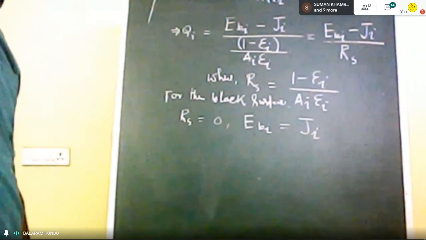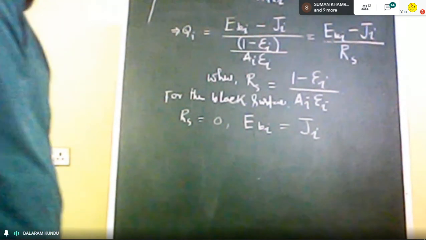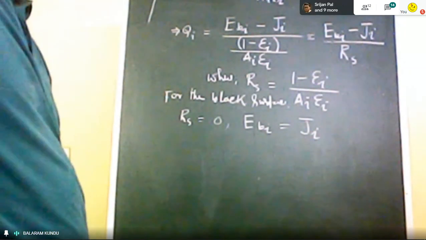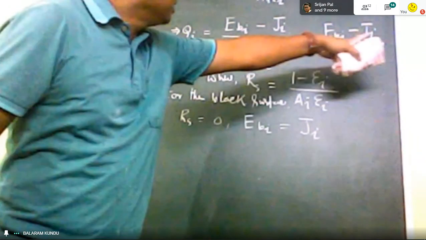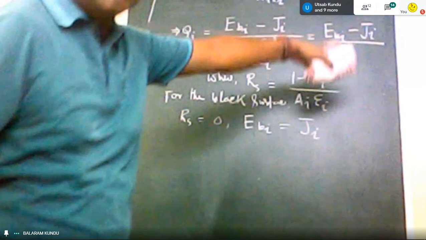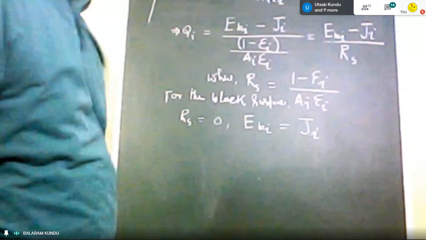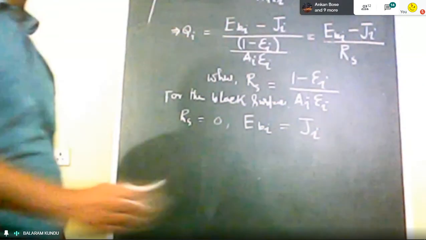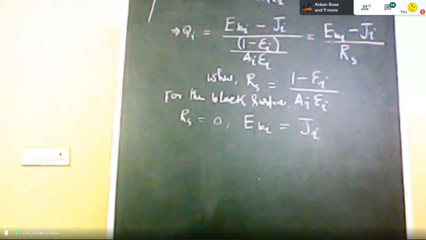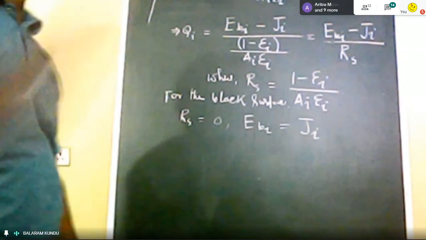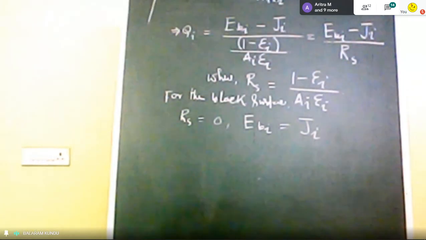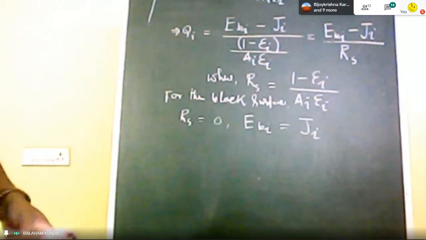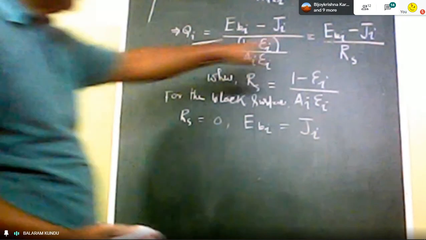Due to surface resistance, Ebi and Ji will not be the same, and obviously Ebi should be greater than Ji. If Ji is known, then we can easily determine Qi.